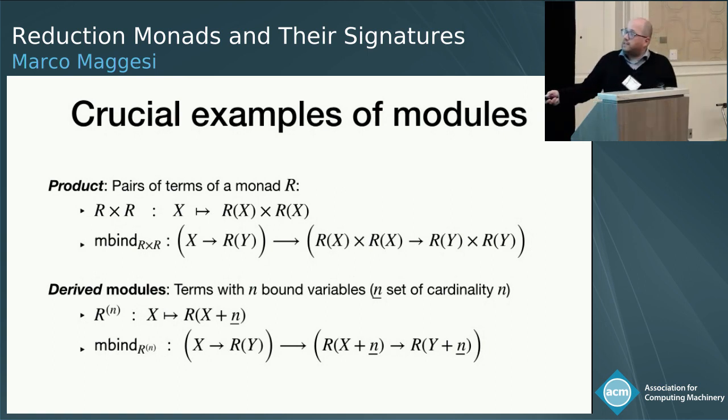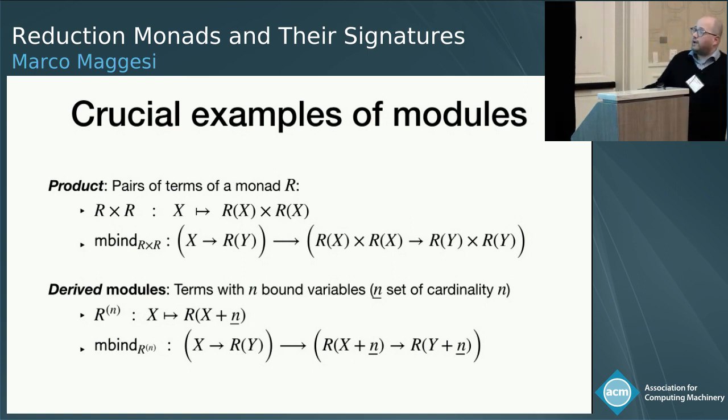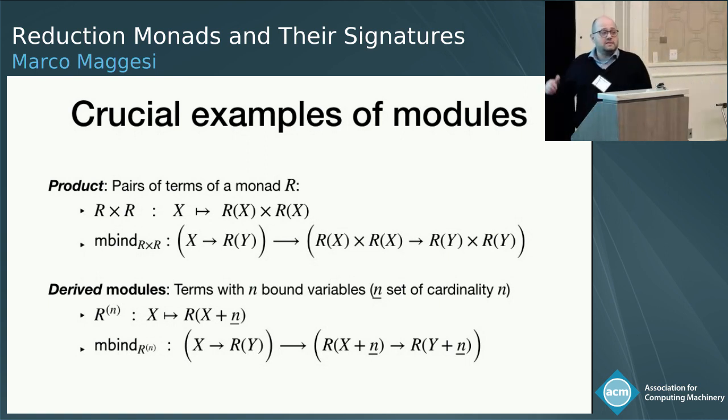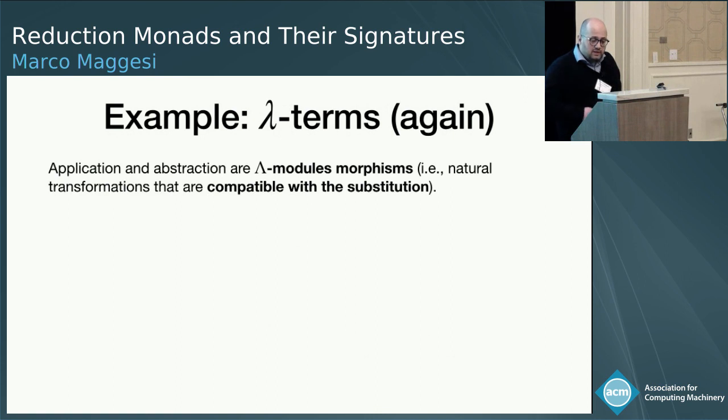So this means that you have a set of variables X, but you also add some other variables that you can think of as bound. And then you get a new kind of substitution that does not touch the bound variables. Again, this is a module, but it's not a monad. So with these two ingredients, we are able to specify a language.